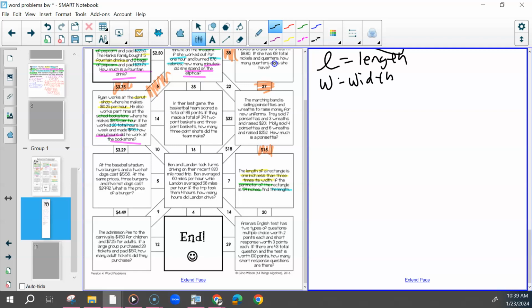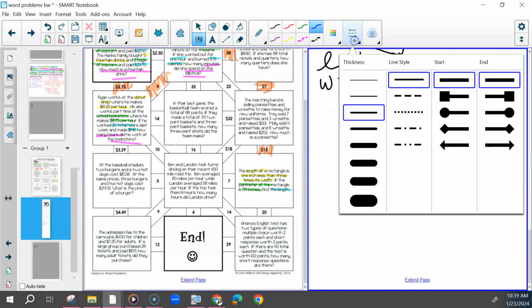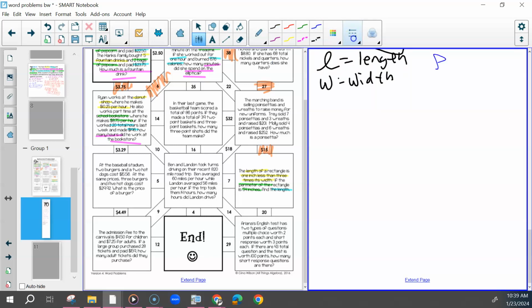I'm going to put in the general equation for the perimeter, and then we'll fix it so that it works with our problem. So P equals 2L plus 2W. That's our equation in general. Specifically, since we know the perimeter is 54, we can change that P to be 54.